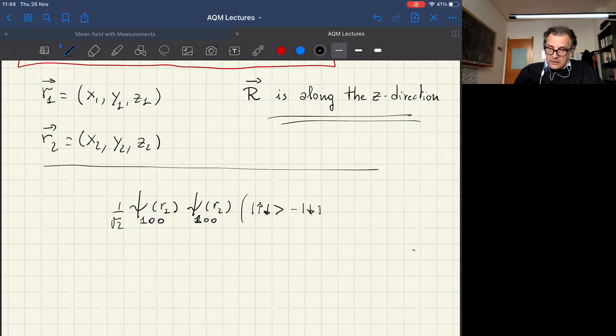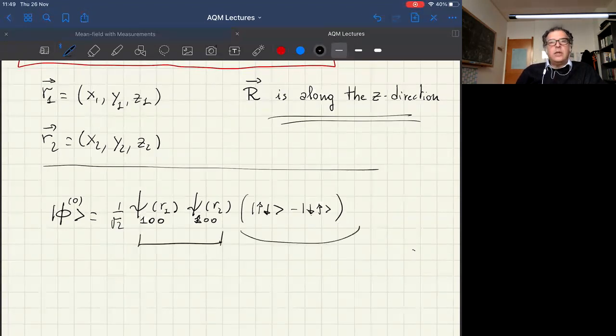But the spin part does not play any role here. So this is phi 0. Phi 0 is just the two ground state orbitals of the first electron and second electron, plus some spin part, but we can forget the spin part for the moment. It is not really important.